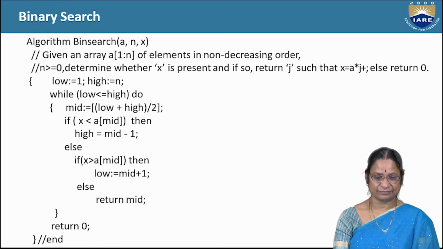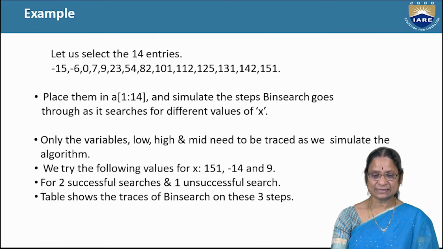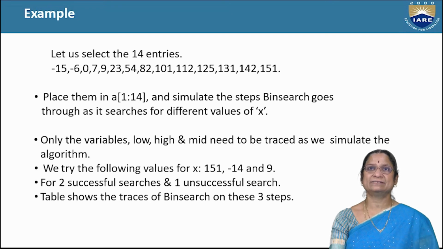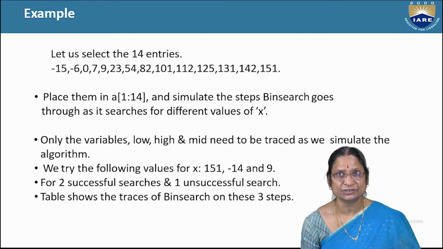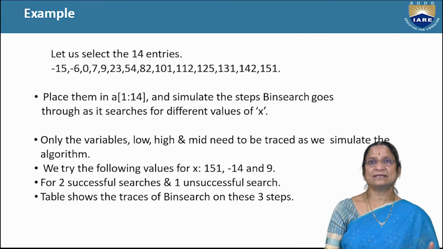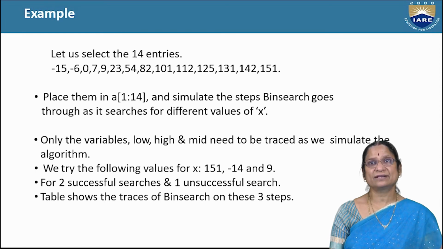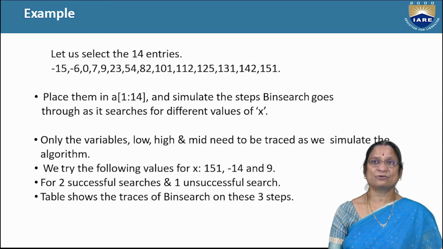By using this algorithm, we can find the elements. Even for an unsuccessful search, it reduces the time taken drastically because all elements are not considered. Every time only the middle element is considered, so the number of iterations is drastically reduced.